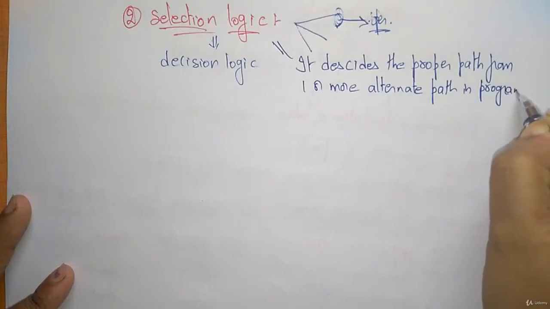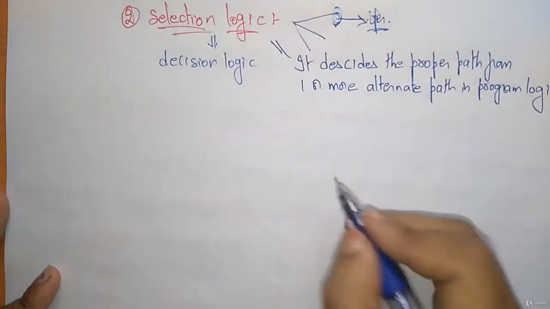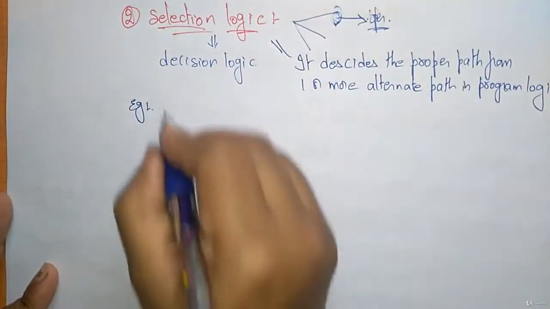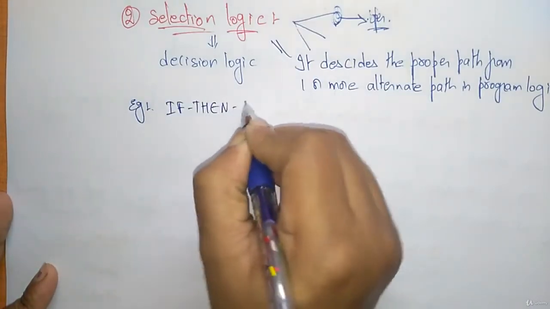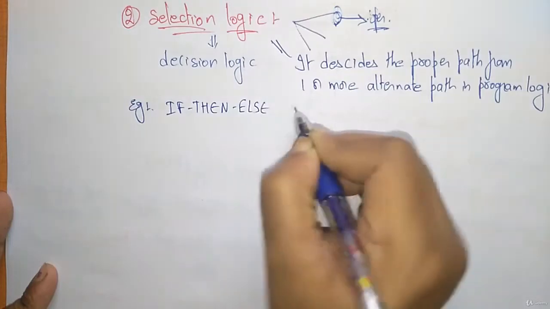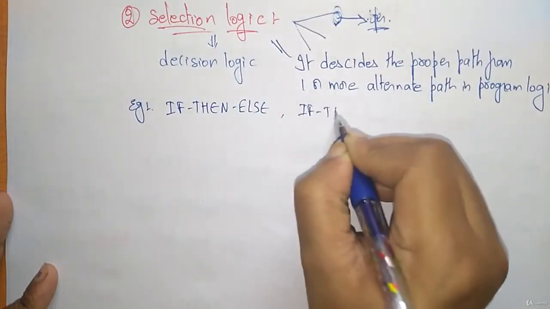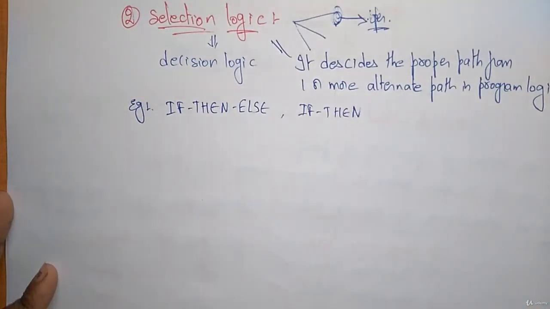If you have some program logic, this selection logic will decide which path will be the best one. The examples for these selection logics are if then else block and if then block. Let us see the examples for this.